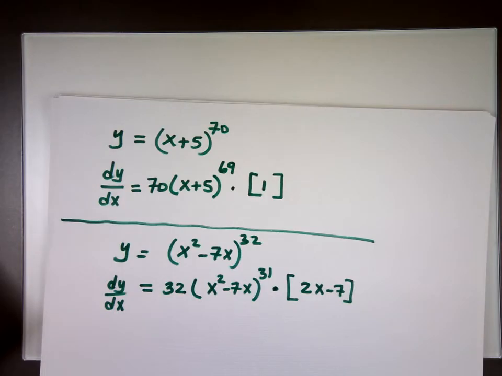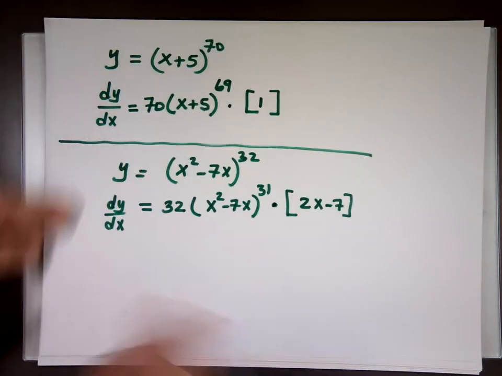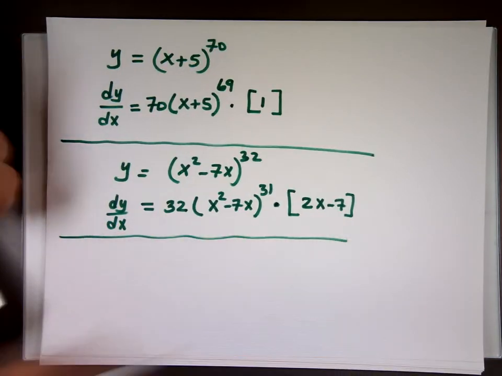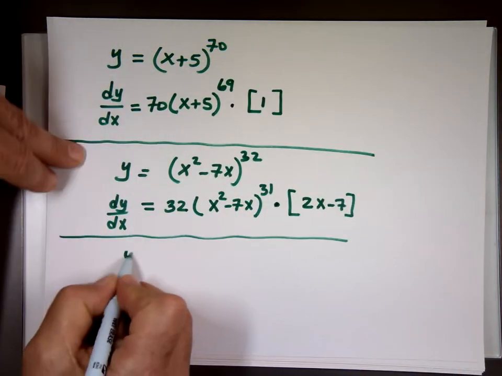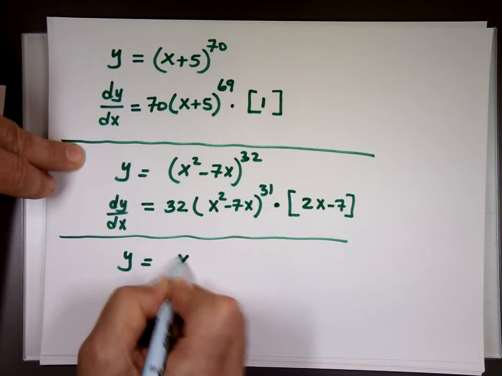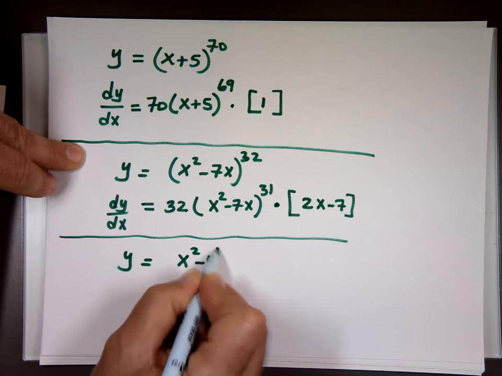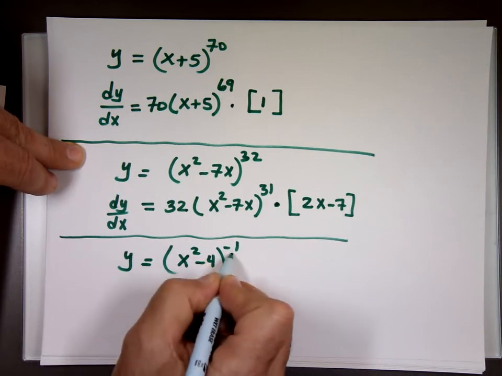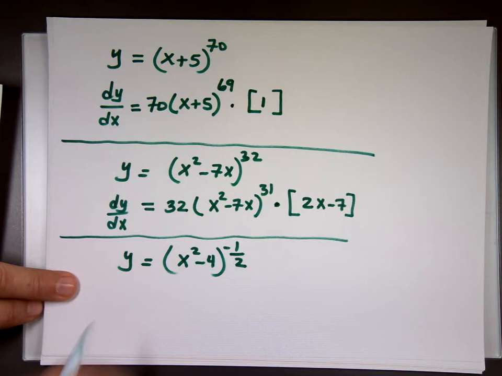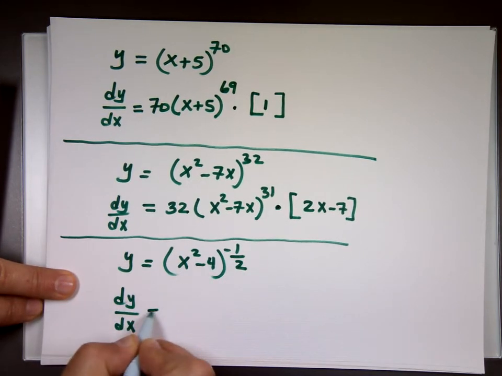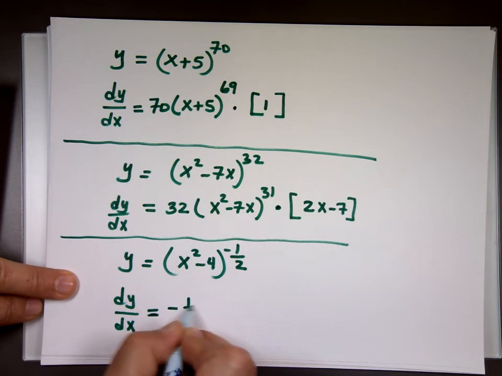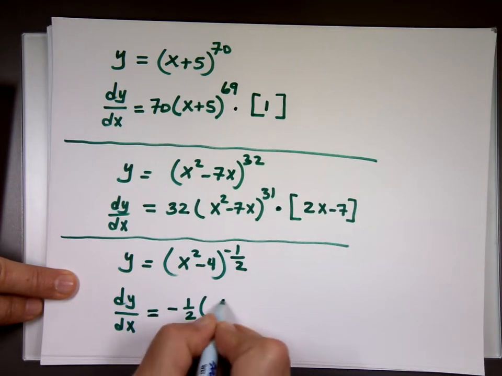The next one. The question we had that took a whole page too is this one. y equals x squared minus 4 to the power of negative 1/2. The derivative of that is negative 1/2 times x squared minus 4.